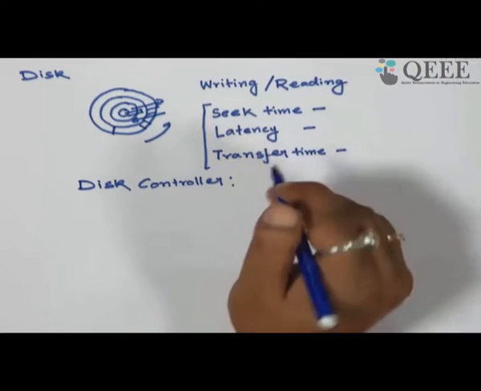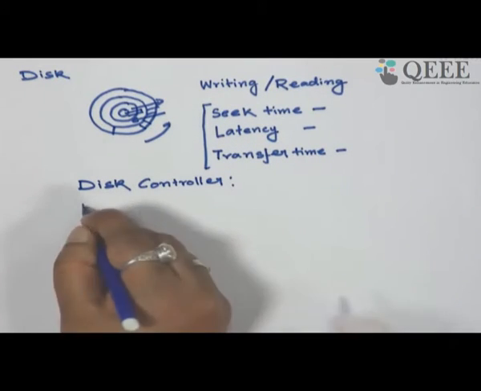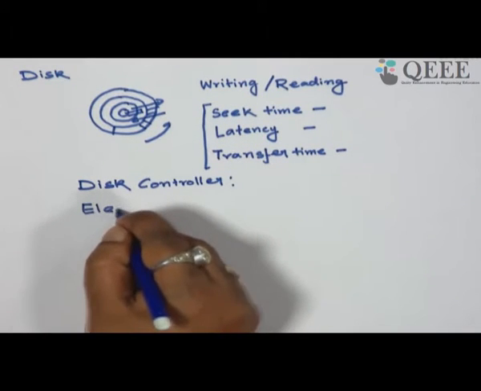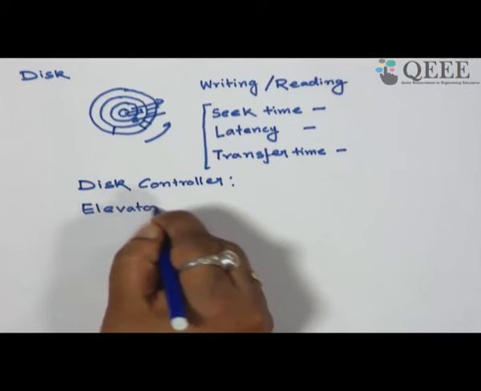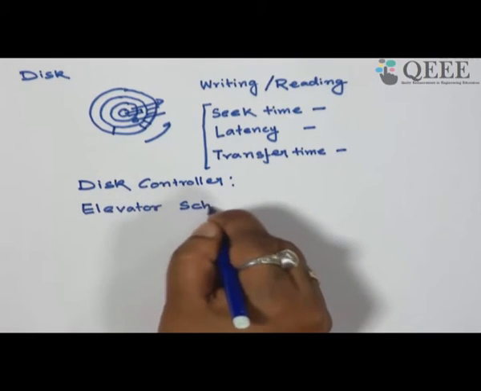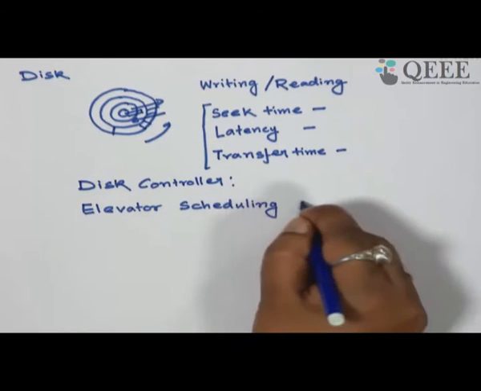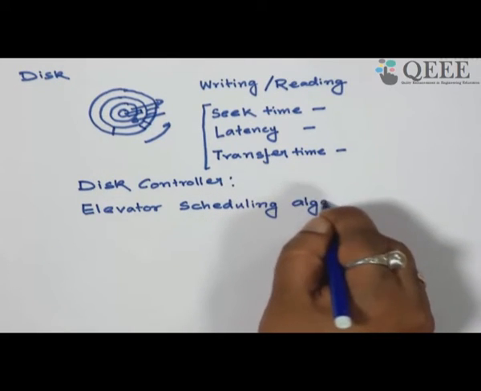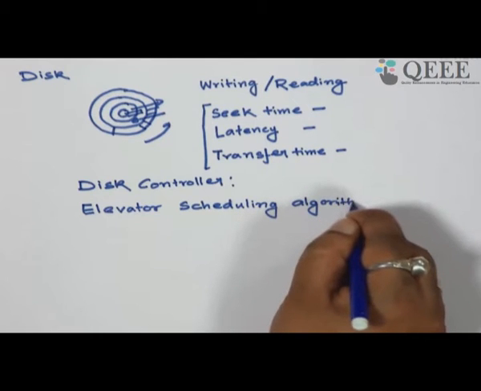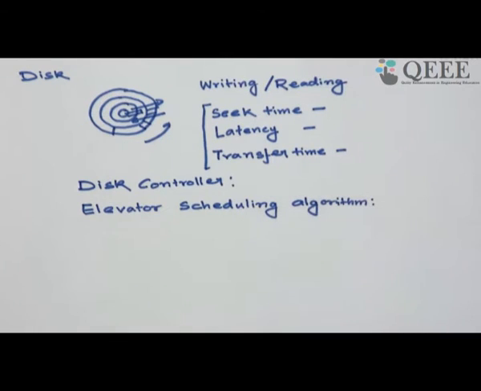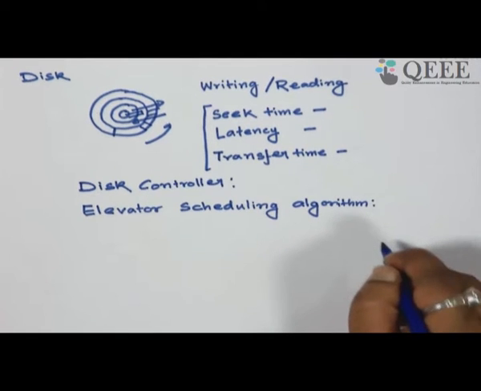So, this movement is controlled by some algorithm. One of the algorithms to control it is called the elevator algorithm or elevator seeding algorithm. Okay. So, what the elevator seeding algorithm does is the following.